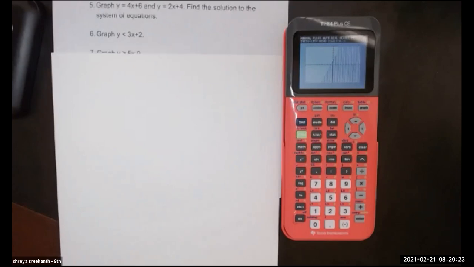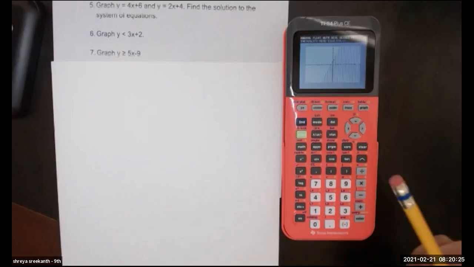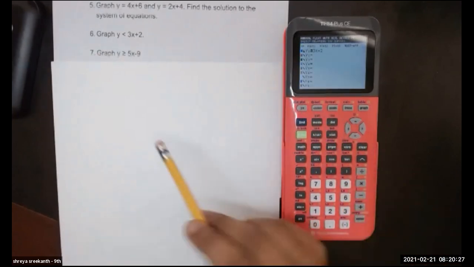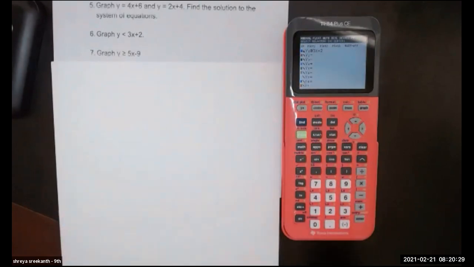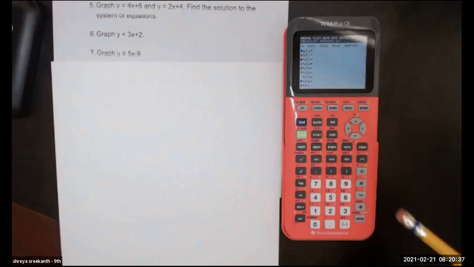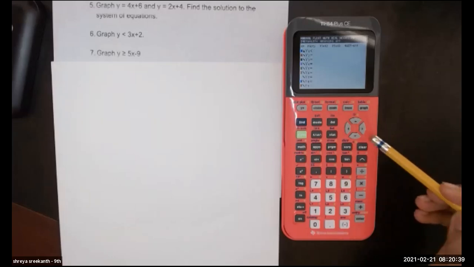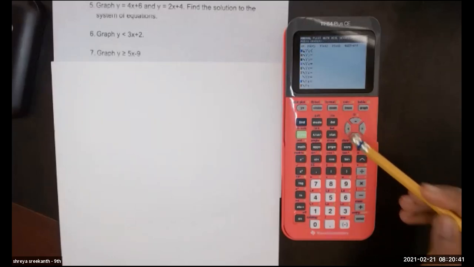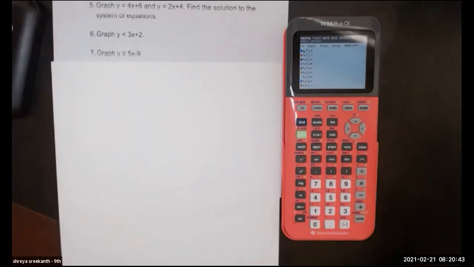Okay, I'll show how to get the inequality symbols when we do the next one. Graph y is greater than or equal to 5x minus 9. So we can clear out the previous equation. To get the inequality symbol, we click the left arrows and it highlights the entire section.